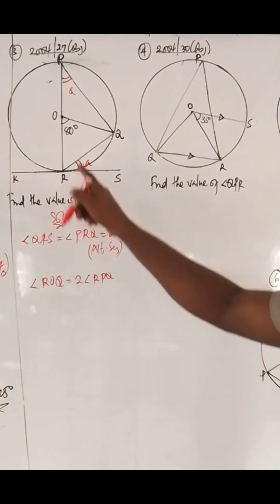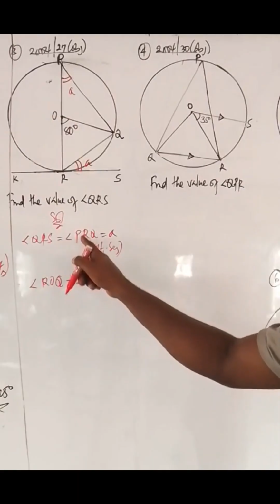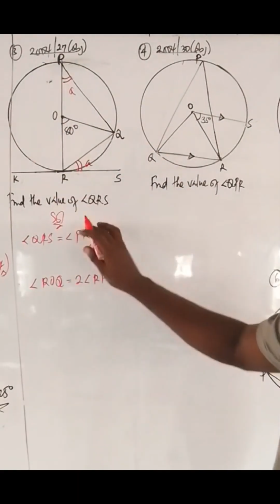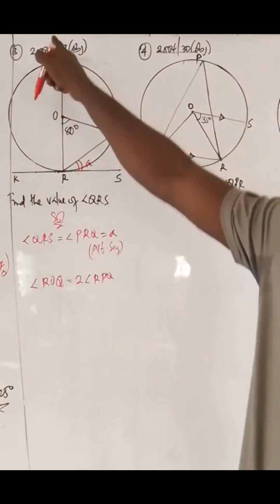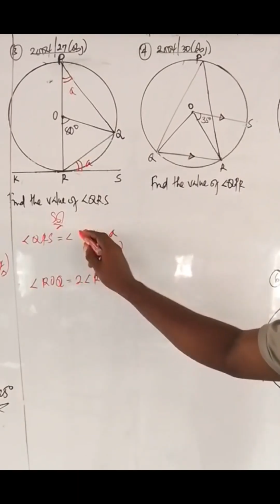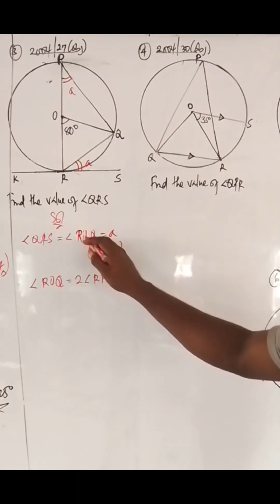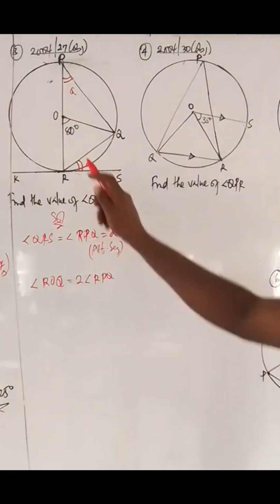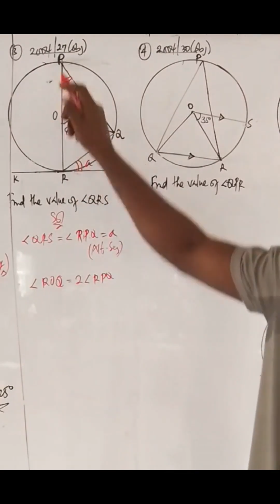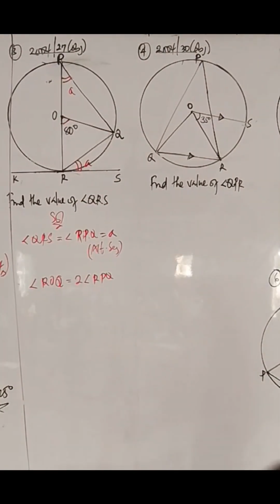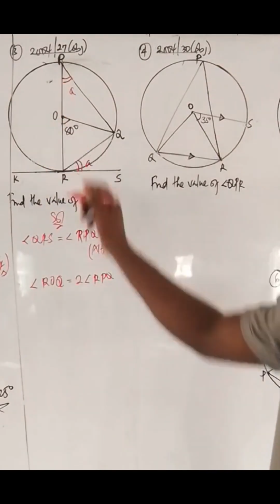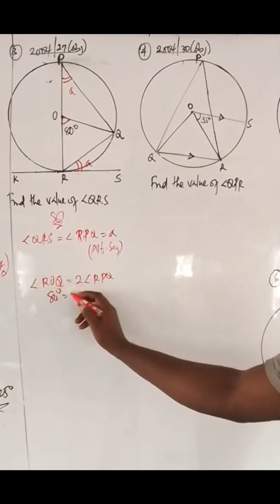So I think I didn't label this very well. I wrote PQR, PRQ. Instead, it ought to be RPQ. This is RPQ. Meaning this angle 80 is twice this. What is angle ROQ itself from the question given? It's 80.